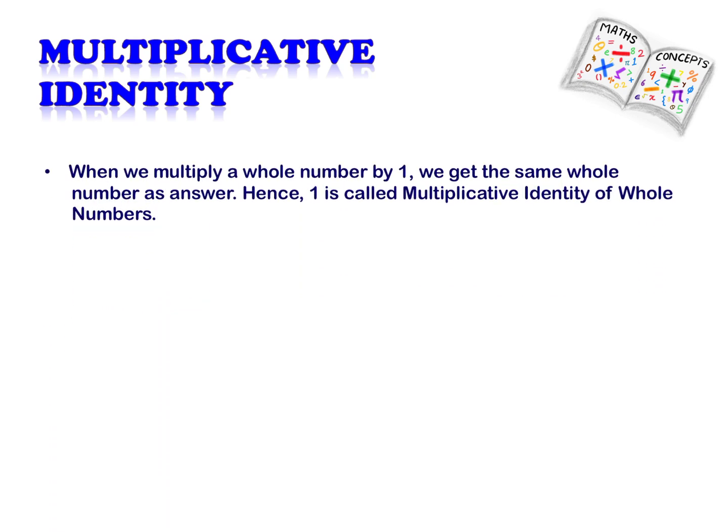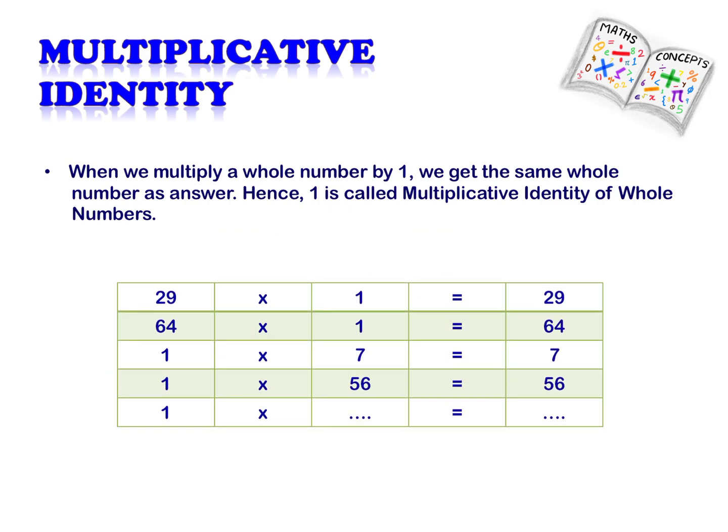If we multiply a whole number with 1, we get same whole number as answer, and that's why 1 is called multiplicative identity of whole numbers. Examples are 29 into 1 equal to 29, 64 into 1 equal to 64, 1 into 7 equal to 7, 1 into 56 equal to 56, 1 into any whole number equal to that whole number.